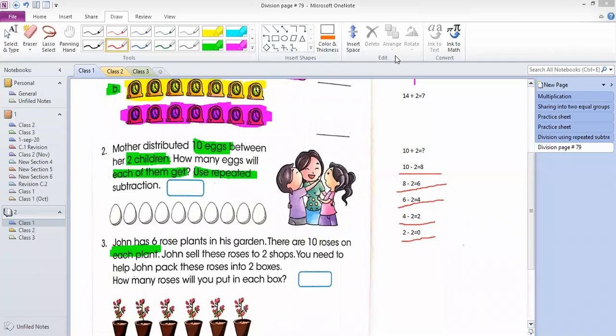Very good. So you subtracted 5 times. I'm checking the chat box and there are too many answers. Very good, all of you. So the answer will be 5. You will write here 5.